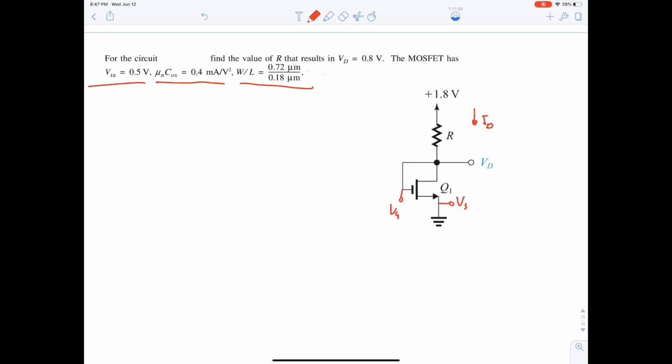We are always in saturation. So let me write it as a note. When there is a connection between VD and VG, then we are in saturation.